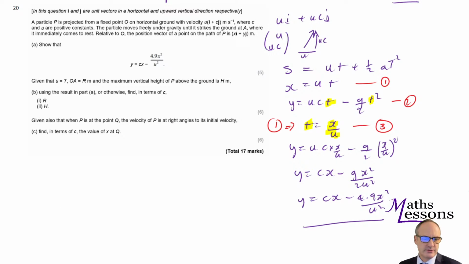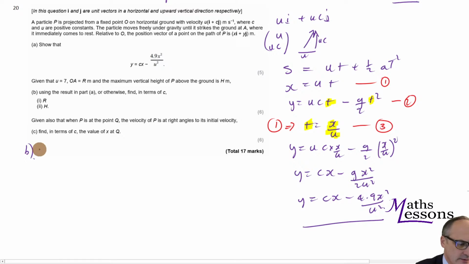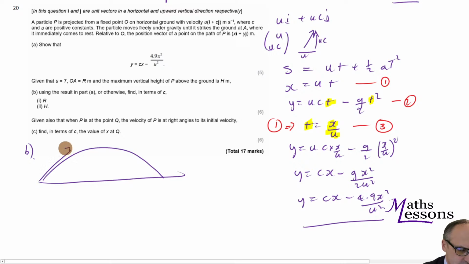Right, if you managed to get this one out, you've done very well indeed. Part B, not so bad, but part C is a tricky question. So let's look at this. We're using the result in part A to find R. If we draw a little picture of our projectile, there's our initial projection, then point R is where it hits the ground, so y will equal 0.